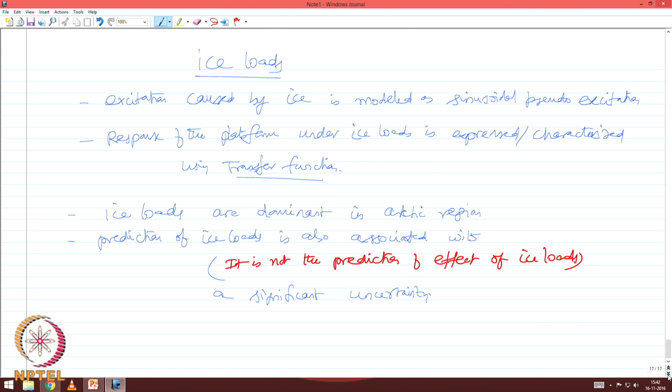Let us see what are those conditions which lead to uncertainty. There are various ice conditions that exist in the lifetime of structures installed in Arctic region.